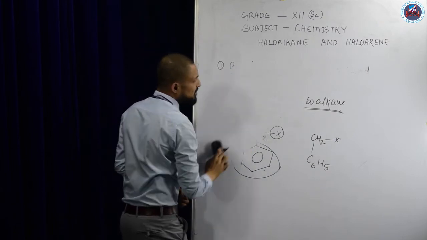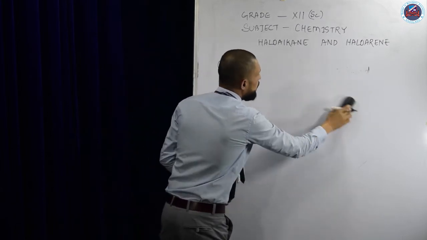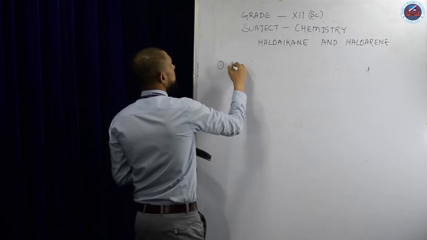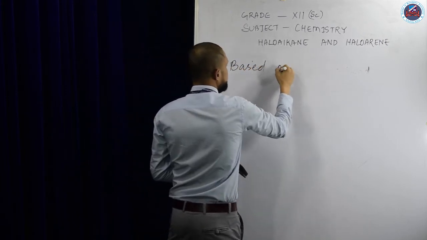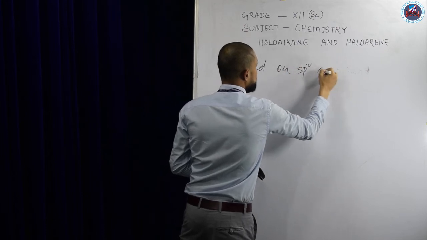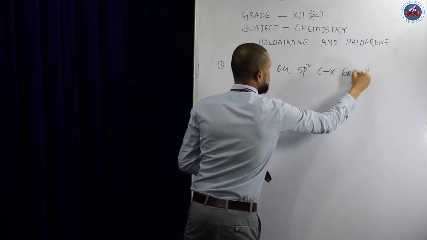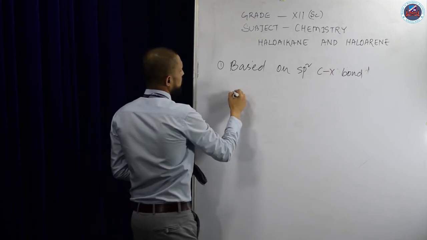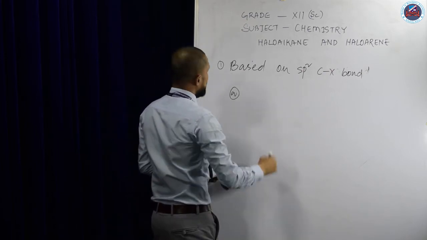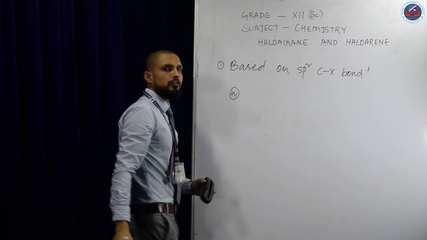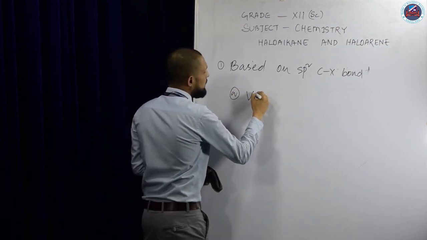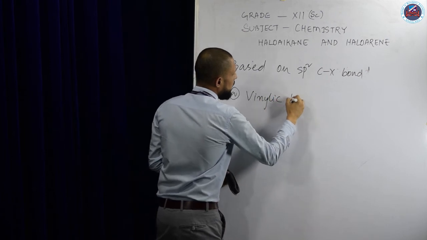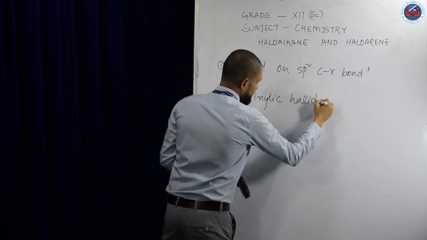Next, let us see the classification which is based on sp2 C-X bond. So the first classification is vinylic halide.